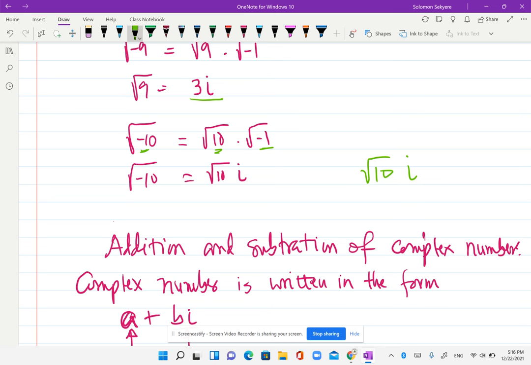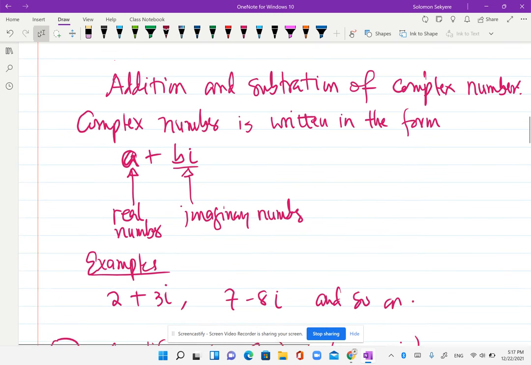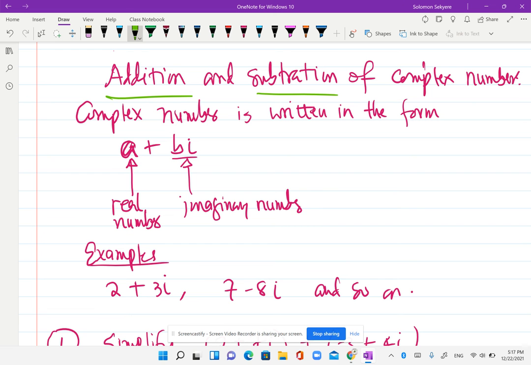So wherever you have the square root of a negative number, like negative 101, rewrite it as the square root of 101 times the square root of negative 1. You don't have to calculate this unless you are asked to. This is the square root of 101 i.